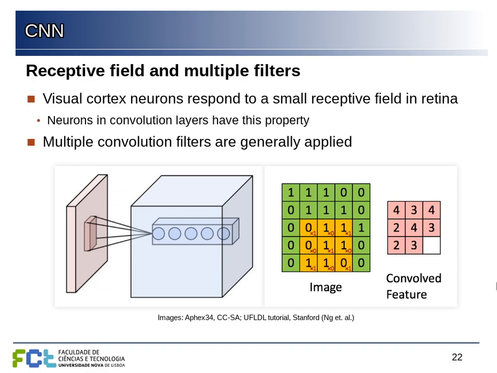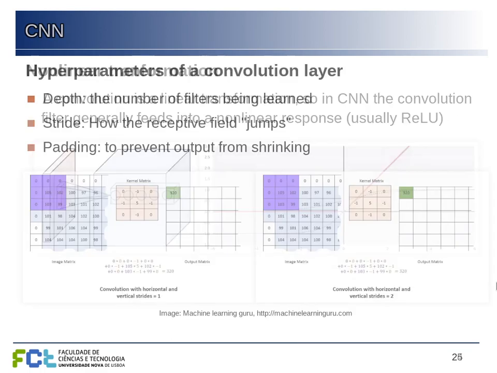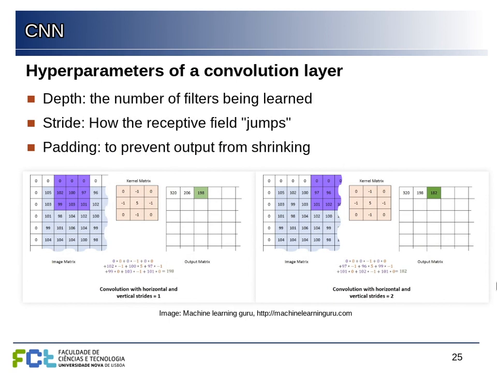This problem can be eliminated if we add padding, for example, adding zeros all the way around the input, so that now the kernel can reach all the positions of the input and the feature map has the same dimension as the input. So padding allows us to keep the same dimension of the feature map. If you don't use padding, then you're cutting the corners and the edges and you shrink a bit the feature map relative to the original size.